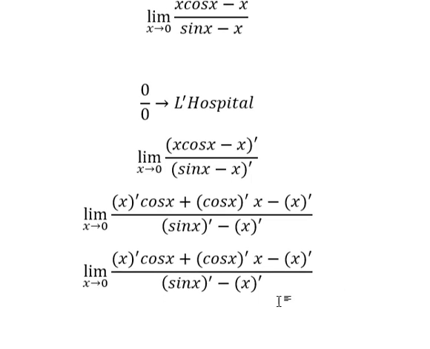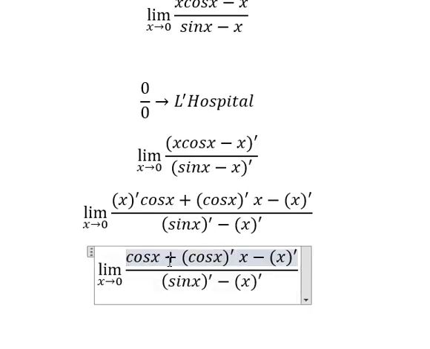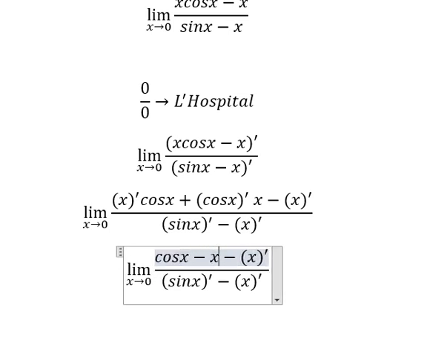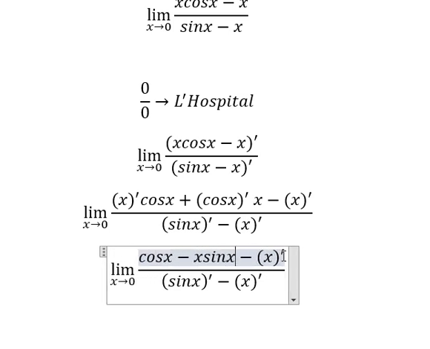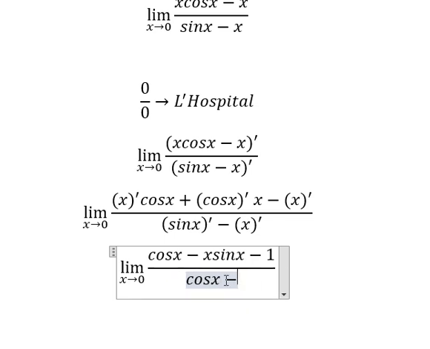Next, this one is about number 1. This one is about negative sine x. This one is about number 1. This one is about cosine x. This one is about number 1.